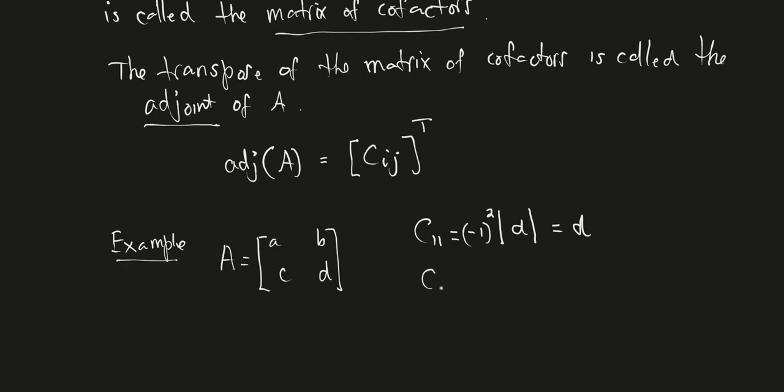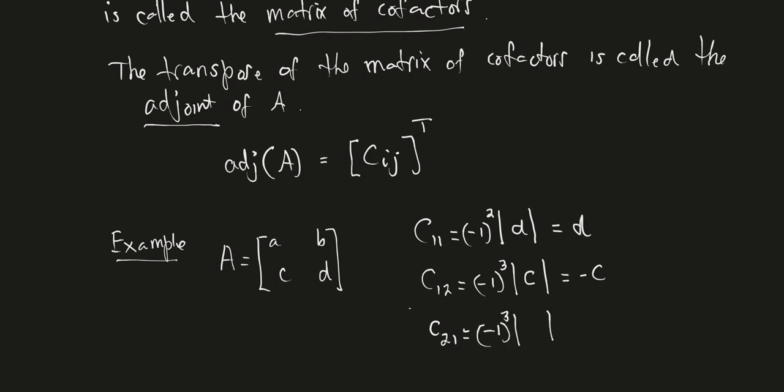Then let's write down the C12 cofactor. That's negative 1 to the third power. Now delete the first row, second column. That leaves me with just c, the determinant of which is just c, but then it's times negative 1, so we have a negative c. Then C21 is negative 1, again to the third power.